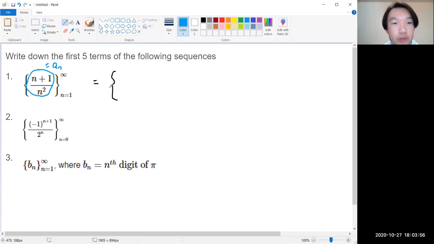Your first term is when your index is 1, so when n is equal to 1, you will get 1 plus 1 over 1 squared. So what would that be? That would be 2 over 1. So the first number in your sequence is 2.